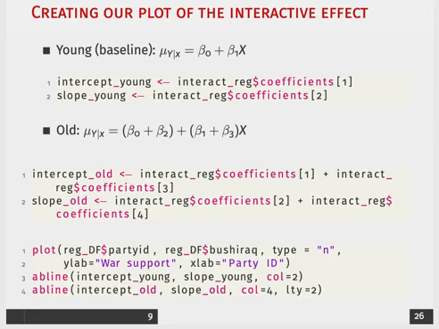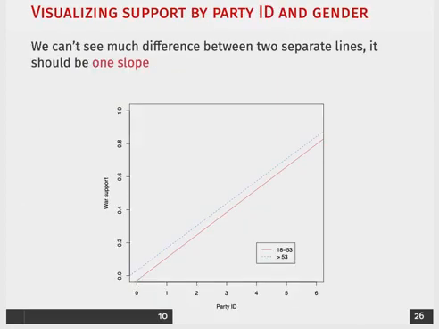We can then plot this using abline, again telling it exactly what the y-intercept is, as well as the slope, and I'm differentiating by color so that we can see this visually. Now, again, what we see is that there is no real indication that we should have an interactive effect between age groups, i.e., there is not a difference in slopes of the effect of party ID on support for the war by age group.